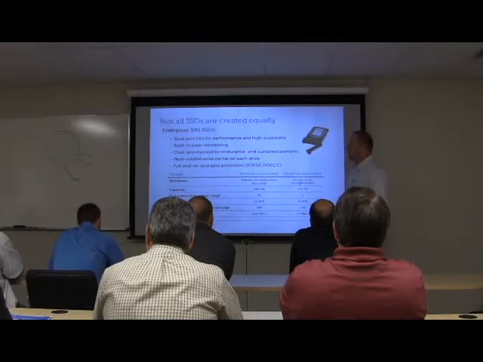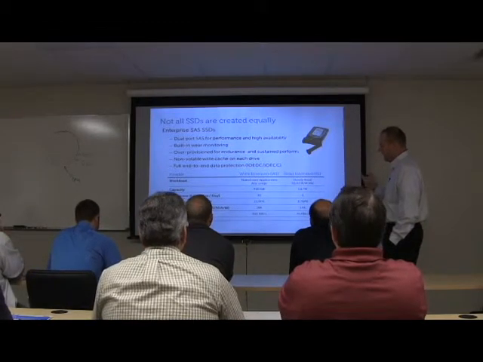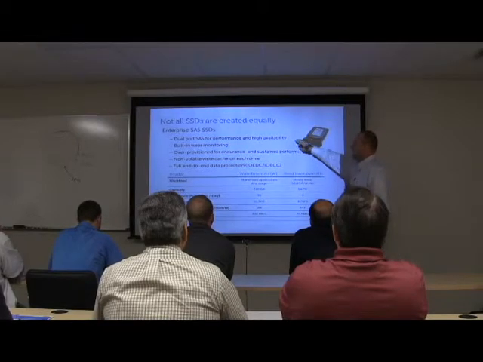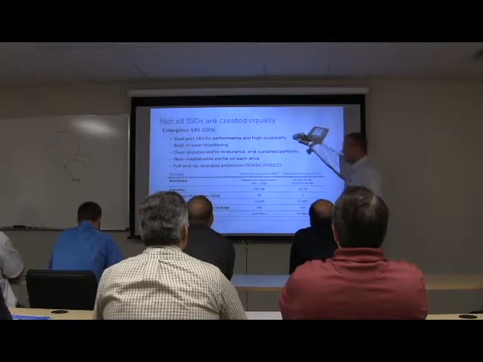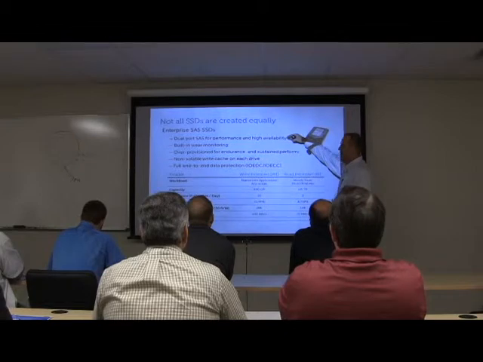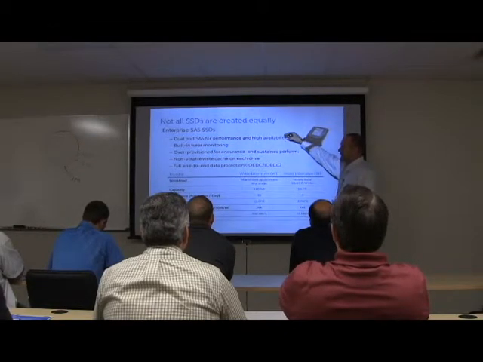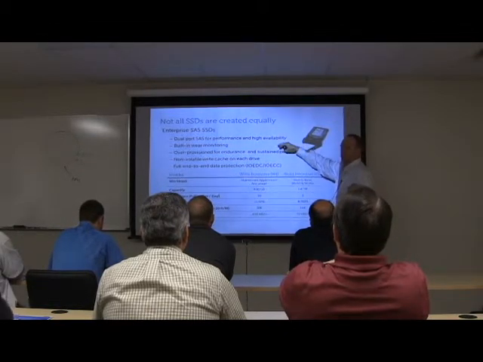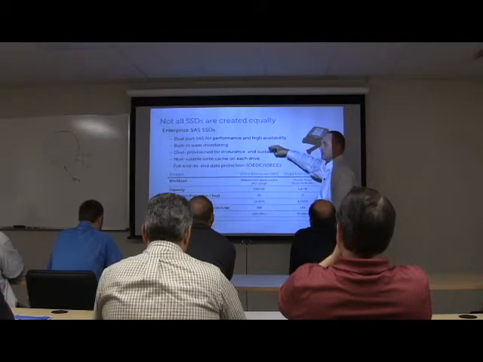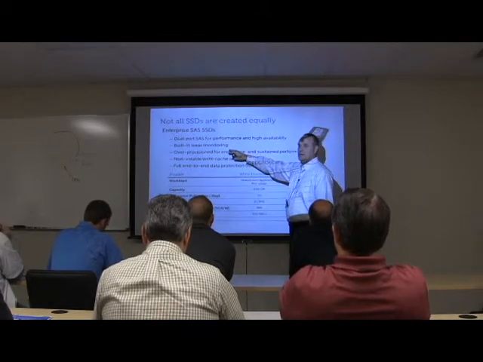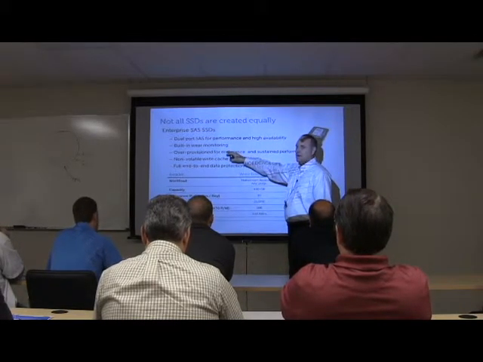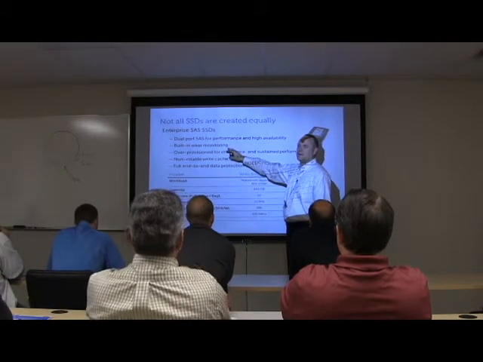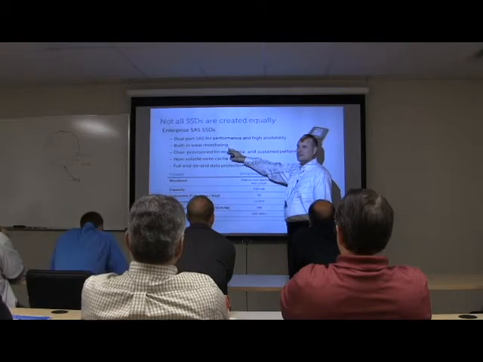And this is why. Not all SSDs are created equal, but the enterprise SSDs all have this. They have the dual port for high availability and better performance. They're going to have some sort of built-in wear monitoring. If you're buying an SSD array and they don't tell you what's going on as far as the wear on those drives, you could be in trouble.